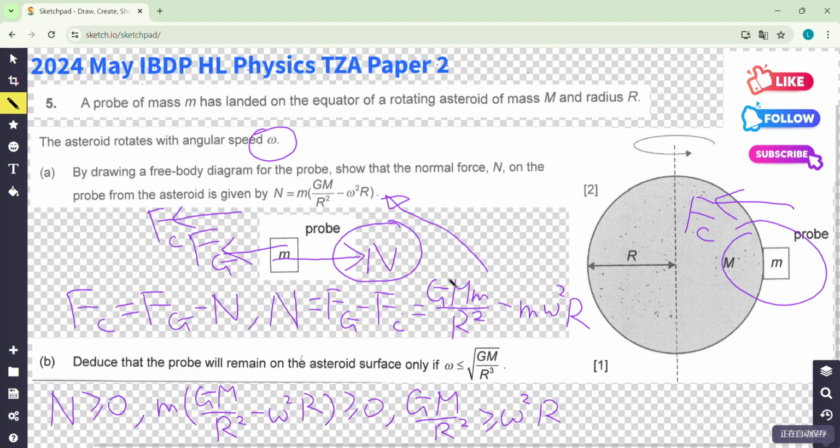Okay, omega squared on one side, excellent. And move the r to the other side and swap it. Okay, omega squared is smaller than or equal to GM over r cubed. Take the square root of both sides. We got it. Well done.